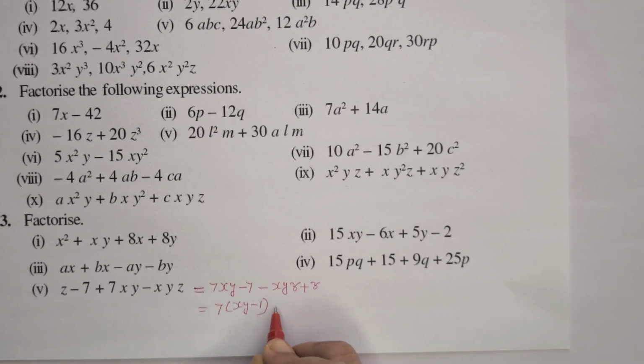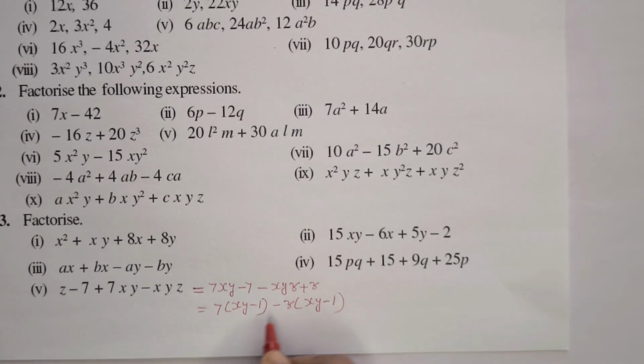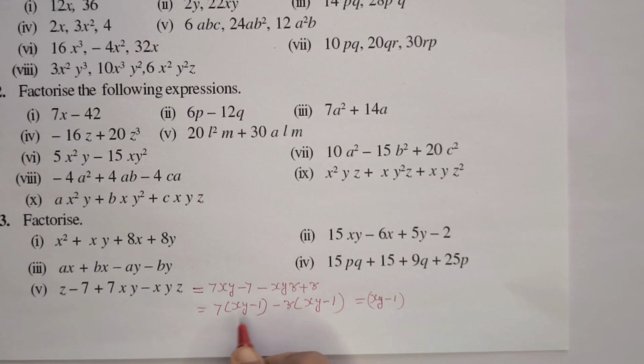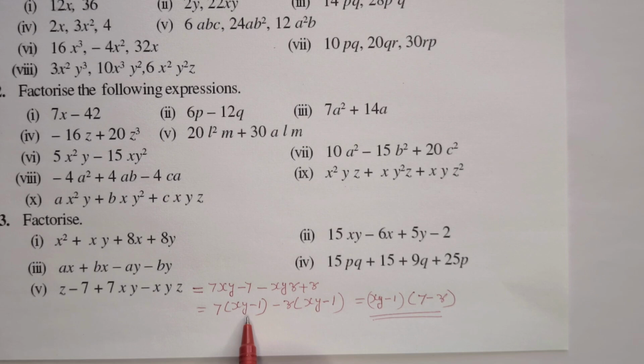From these two terms take minus z as common, then this term will come as positive xy, and minus of minus is plus, so we put here minus 1. Then xy minus 1, this bracket as common, then the remaining 7 minus z. So the factorized form is xy minus 1 into 7 minus z.